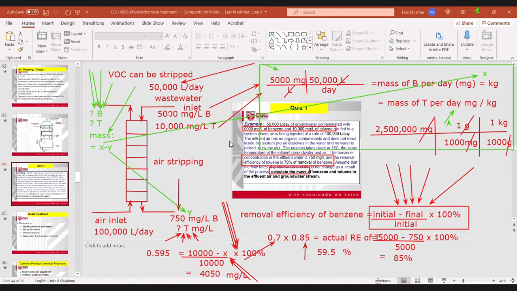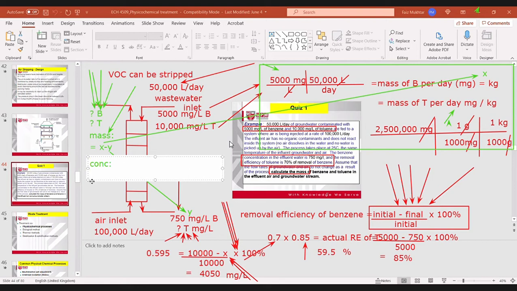if you minus 5,000 milligram per liter benzene here to 750, okay, let's say this is in concentration. Okay, have a look on the left hand side.